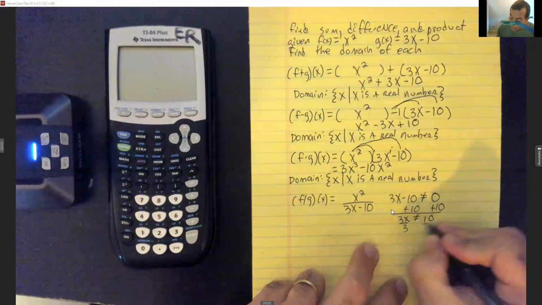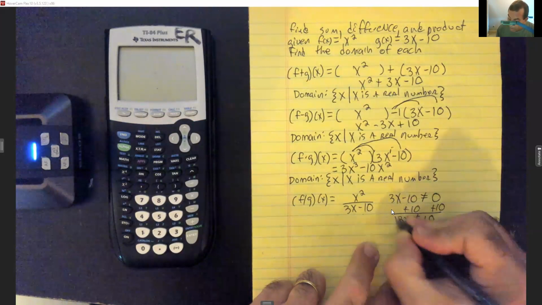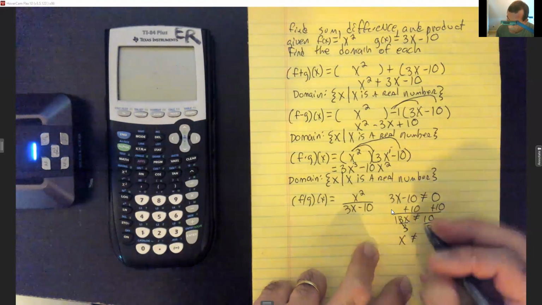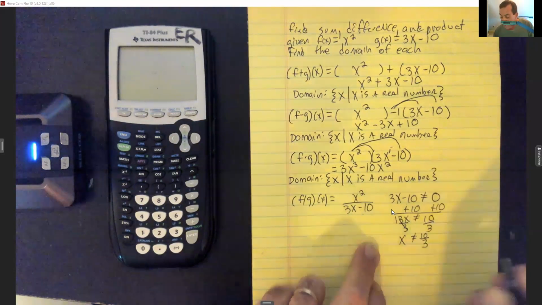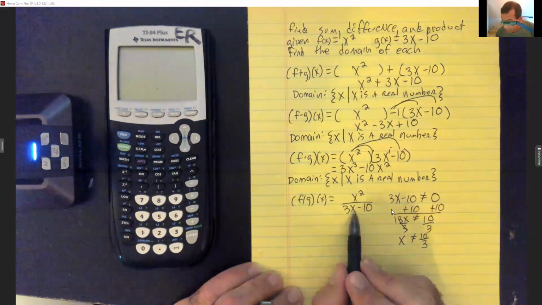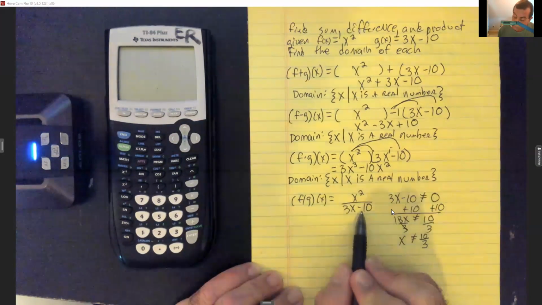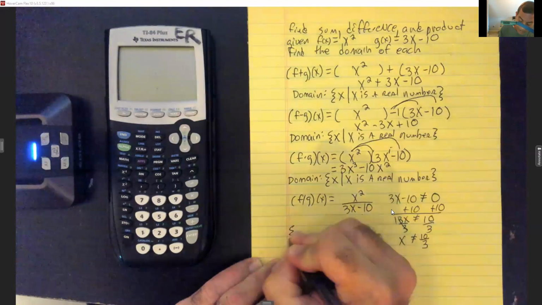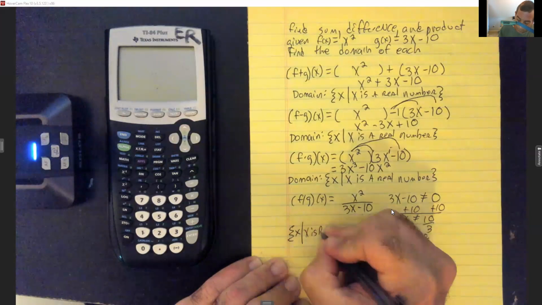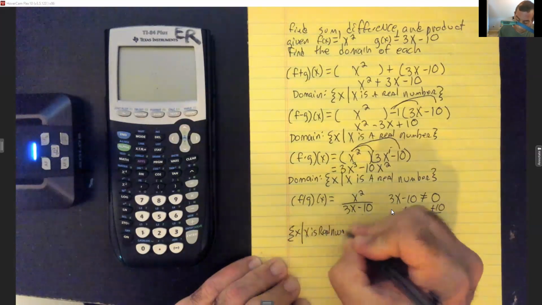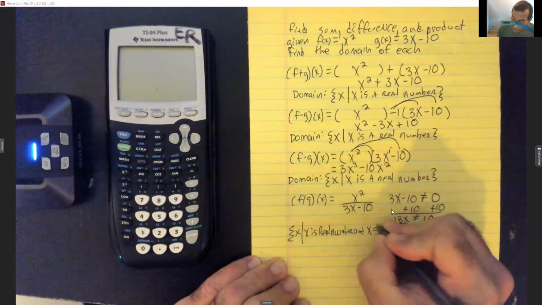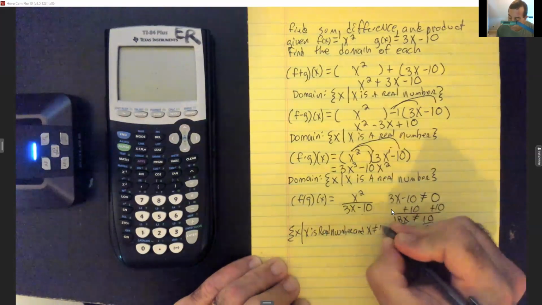Those cancel, make a 1 like we needed. That cannot equal, let's see, 10 and 3 have nothing in common, so that's not going to reduce. So in this case, x couldn't be 10/3 because if you put 10/3 in there, you would get a 0, and we cannot divide by 0. So that domain would be like this, x such that x is a real number and x cannot equal 10/3.